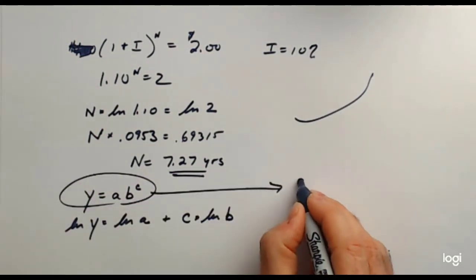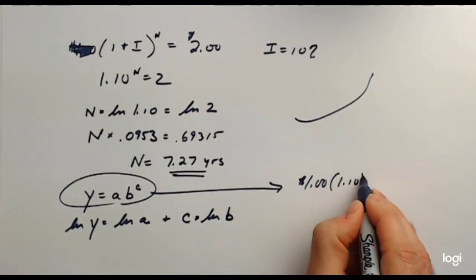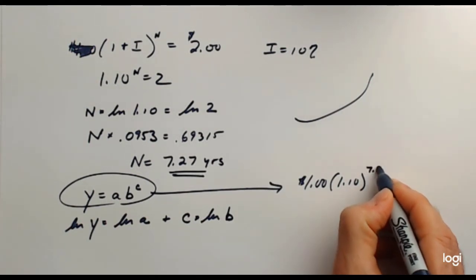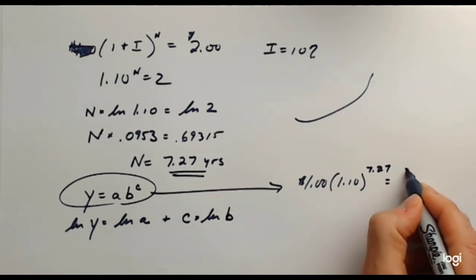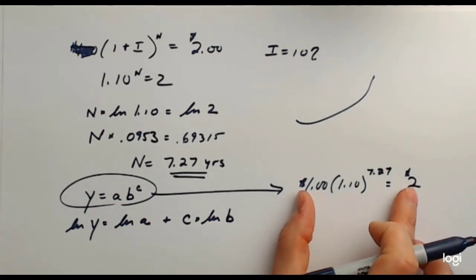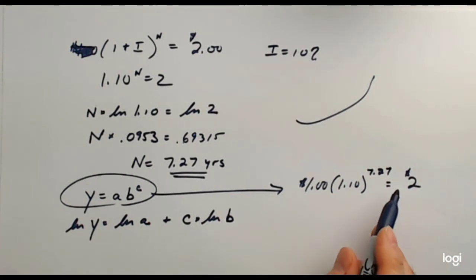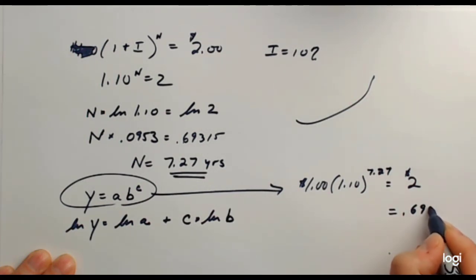Up here we had basically this formula. I said, look, we take $1 and take it to the n power, and it's 7.27 years equals 2. Okay, so now let's see if we take the natural log of both sides, we come up with the same answer. So we take the natural log of both sides, and this will be 0.69315.